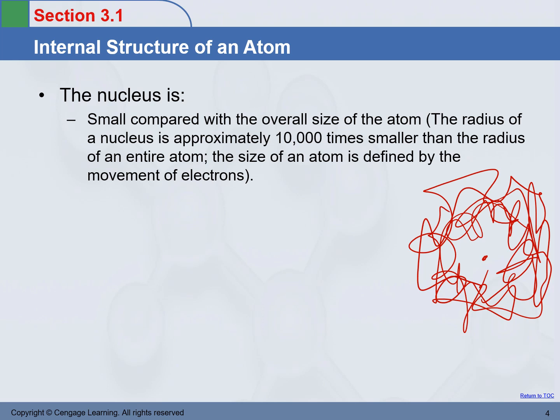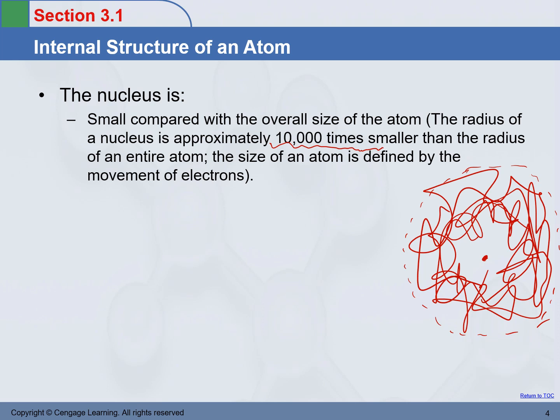The lines outside the nucleus I drew do not represent any individual electron or electrons. They represent the movement of those electrons. And the area they created by their movement is the overall size of an atom. Compared to the size of the overall atom, the nucleus in the center is extremely small. How much smaller? In general, that's how much smaller it is.